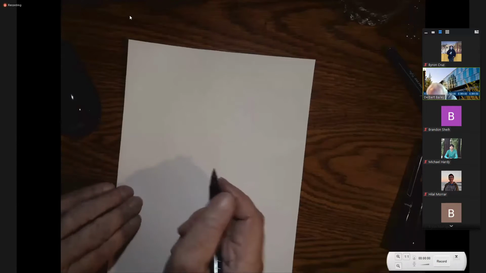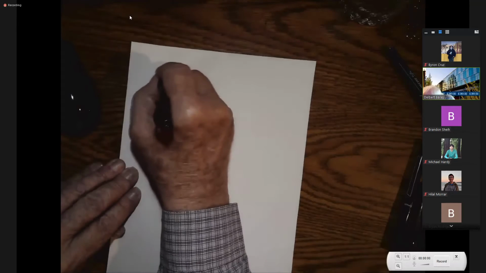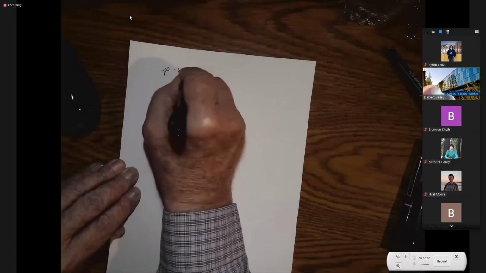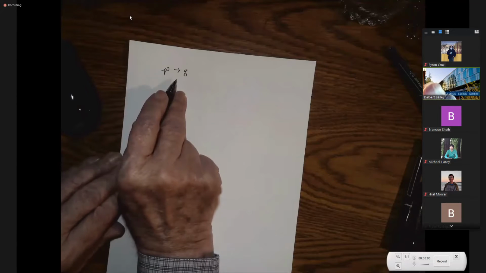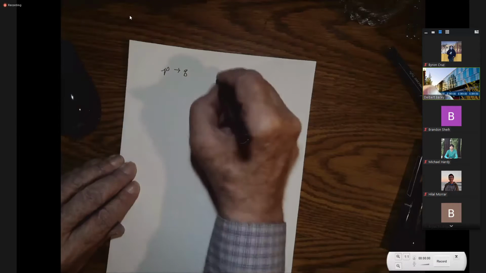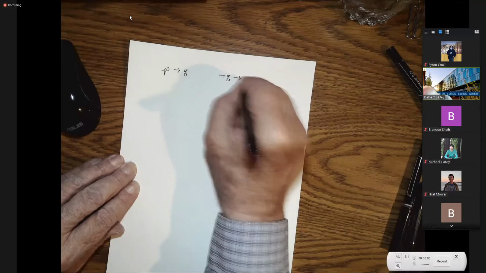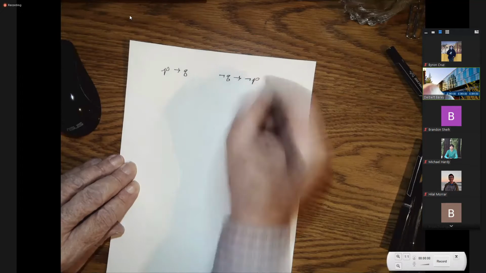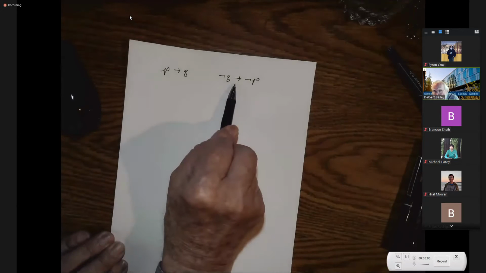Okay. Now another technique is for when you're trying to prove that something implies something else. If you want to show that P implies Q, that may be kind of difficult to do. But it might be easier to show that not Q implies not P. You can use truth tables to show that these two things are equivalent.